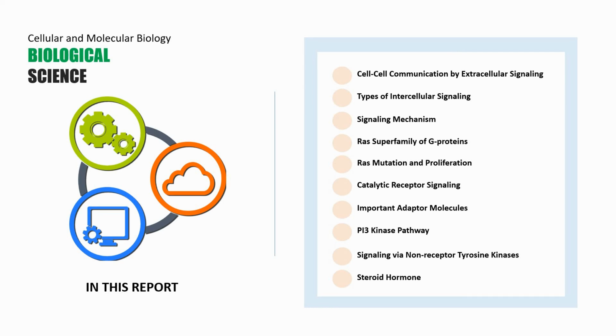Tapos we're going to discuss signaling mechanisms, tapos RAS superfamily of G proteins, and then RAS mutation and proliferation, tapos catalytic receptor signaling, and then important adapter molecules, and then PI3 kinase pathway, tapos signaling via non-receptor tyrosine kinases, and then steroid hormones. Yun yung pinaka-gusto ko actually part.